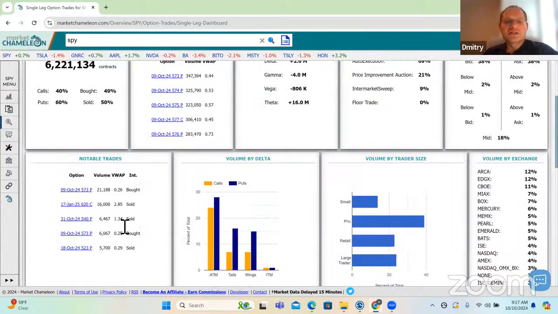It looks like that traded 6,467 contracts for an average price of $1.34. And it appears to us that it was coming in from the sell side. Okay, so it looks like a large trade coming in from the sell side in that out of the money put.